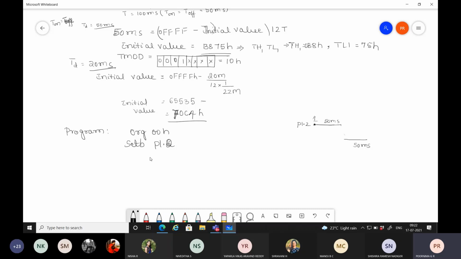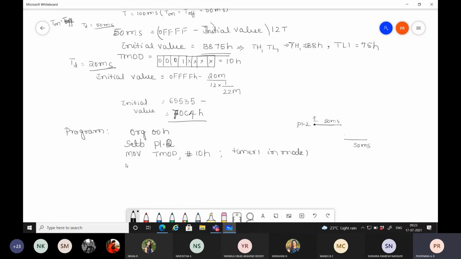So first let me set the bit at port 1.2. Then initialize the TMOD register. TMOD with what value? It is with #10H. This tells that we have chosen timer 1 in mode 1, that is a 16-bit timer.